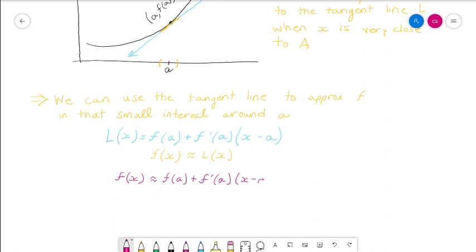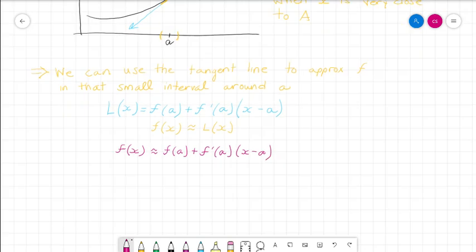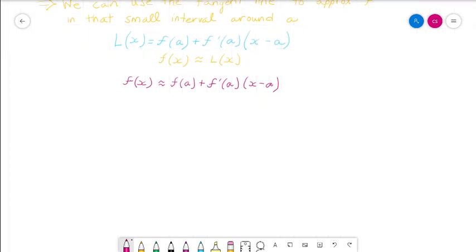And that's the linear approximation. Okay, so this is what we're talking about when we're saying linear approximation. We say that it's the linear approximation of f at a. And really that means when x is near a.